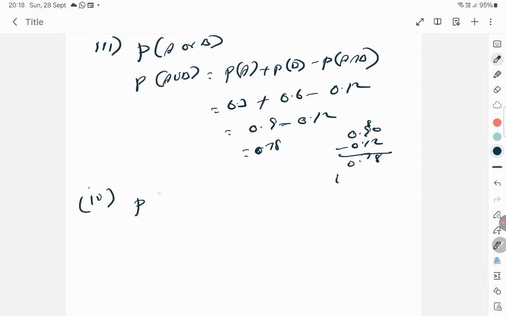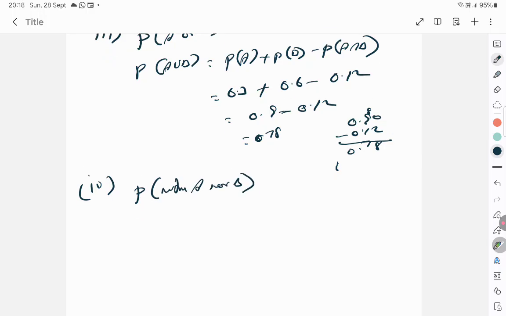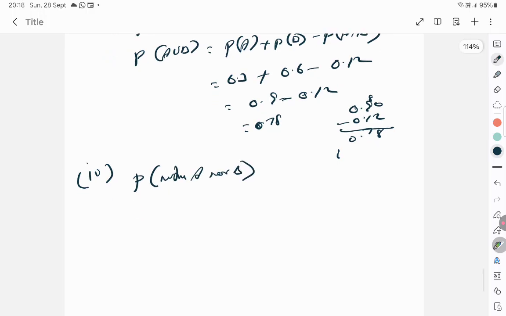P of neither A nor B. See, neither A nor B means A is also not there, B is also not there. A and B, both of them are not there. What should I think of? When they say A is not there and B is not there, none of them are there, right?